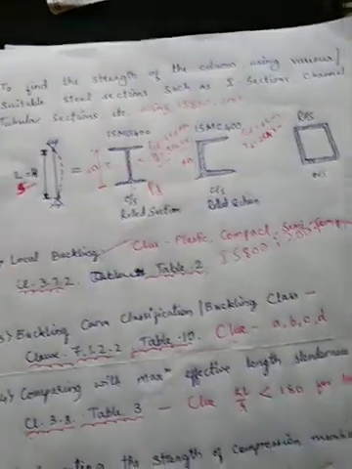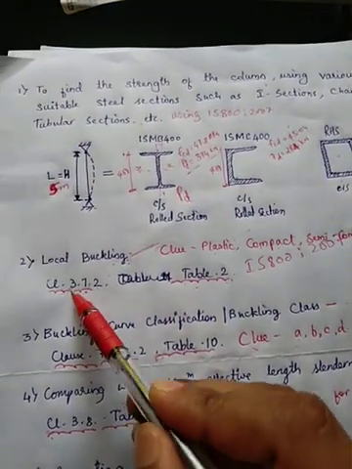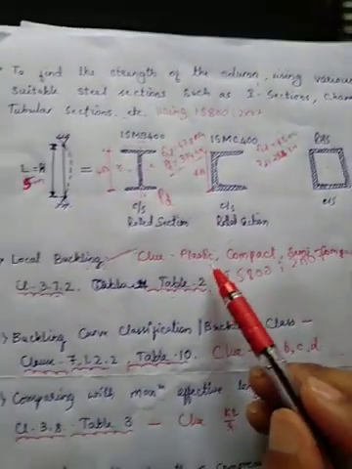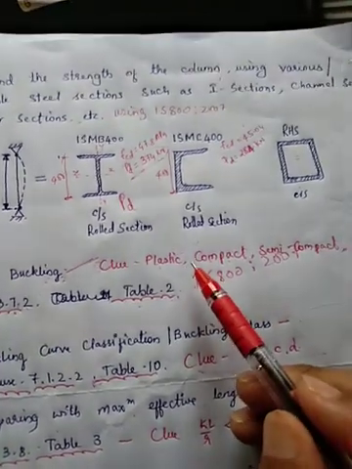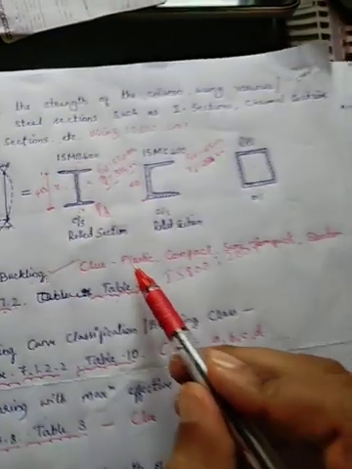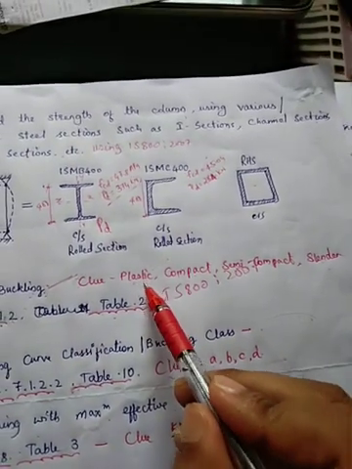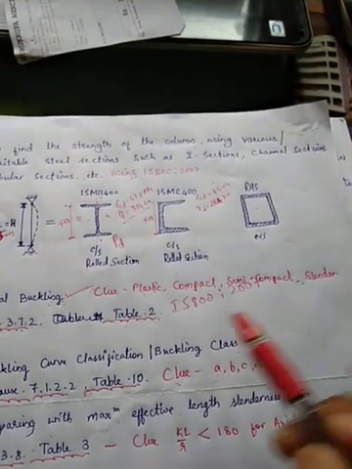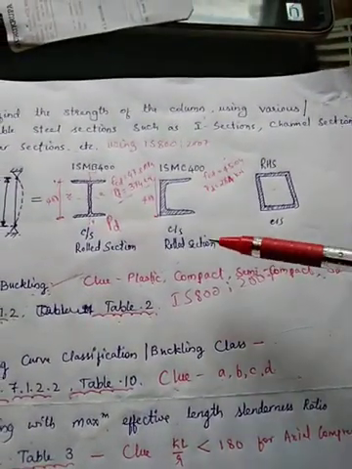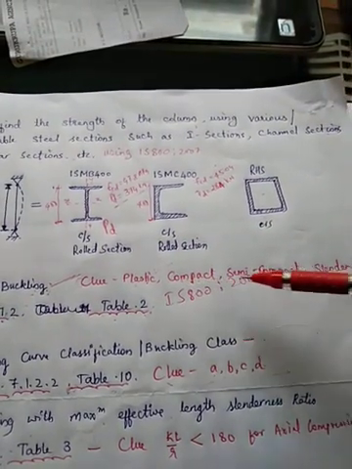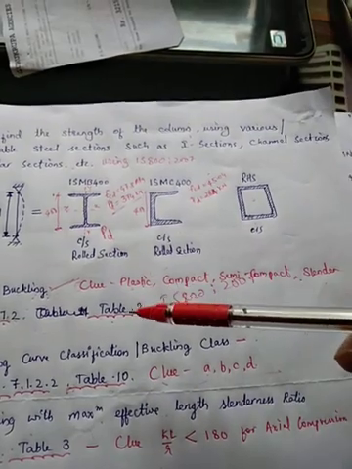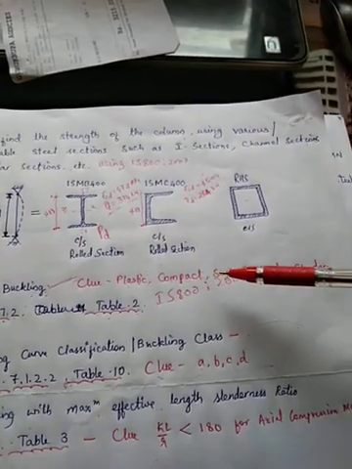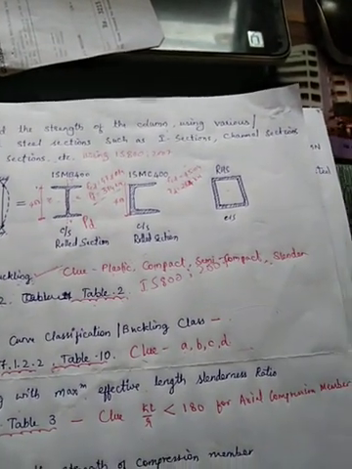So according to IS 800 2007, clause number 3.7.2 and table number 2, I will find out the local buckling classification, wherein I have different sections like plastic section, compact section, semi compact section, slender one. So here we will determine which type of section we are designing, whether it is a plastic section, compact section, semi compact section or slender section.